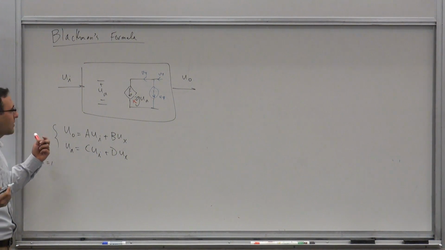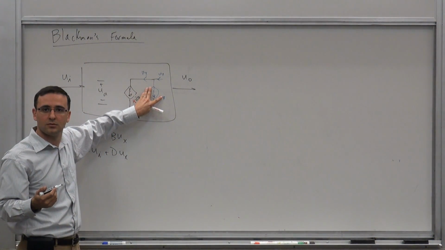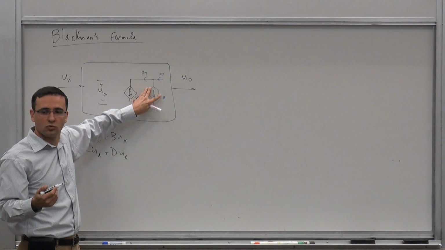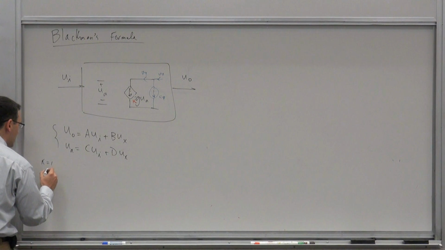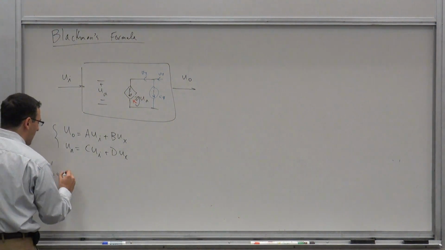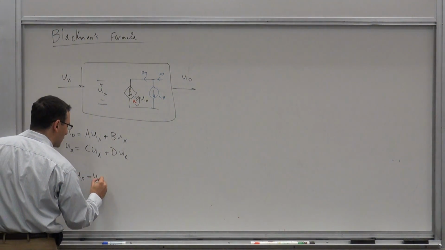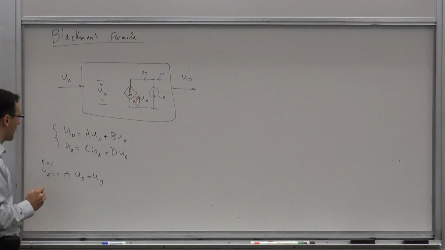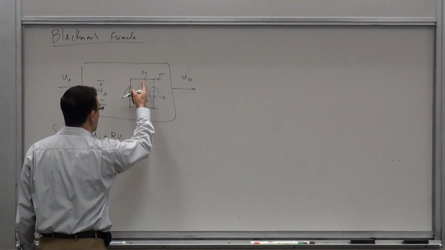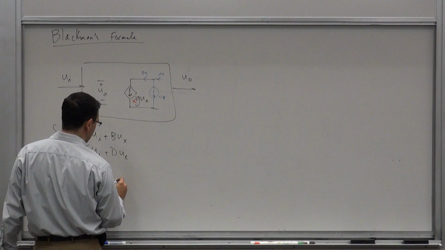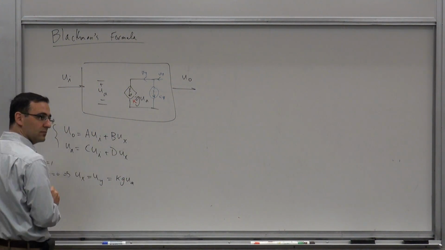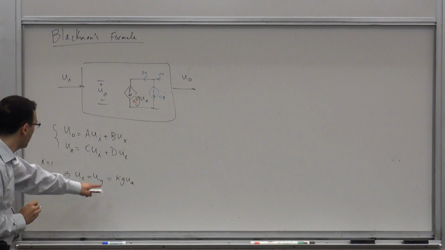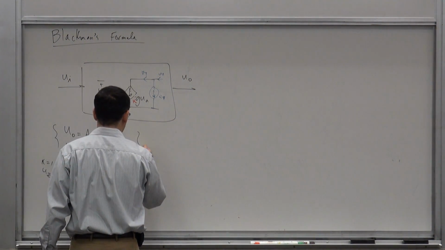Under normal circumstances, you don't have the source; this was something extra we added. So UZ is 0, which means that UX is equal to UY. But I know something about UY: in general it is KGUA.